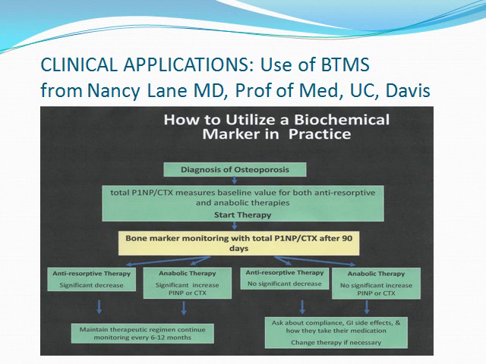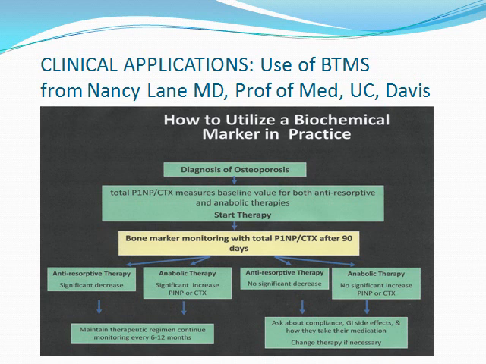And this is a nice flow chart here, an algorithm of sorts that Dr. Lane has developed. And once she diagnoses osteoporosis, she measures the P1NP and CTX baseline values, whether you're using anti-resorptive or anabolic therapies.